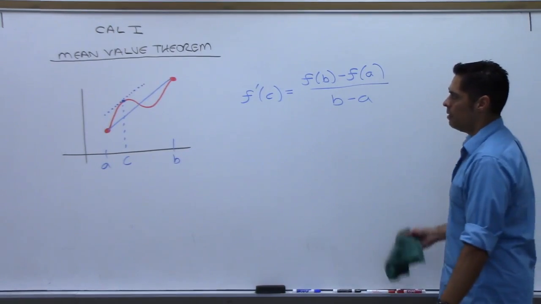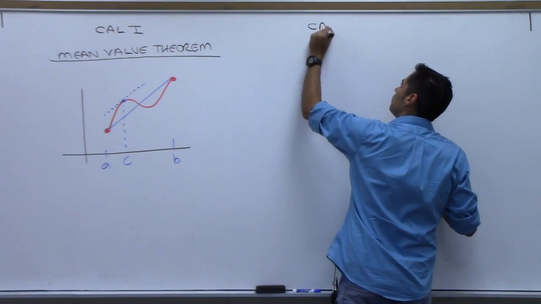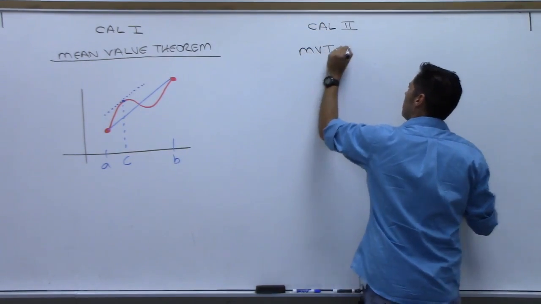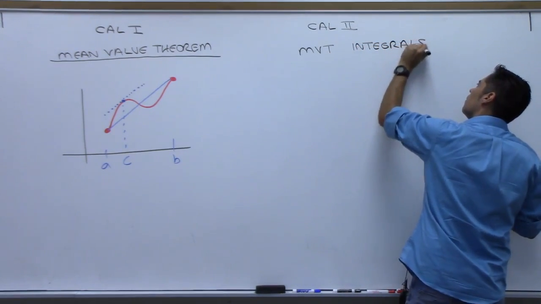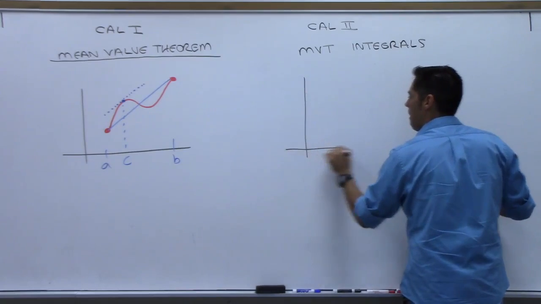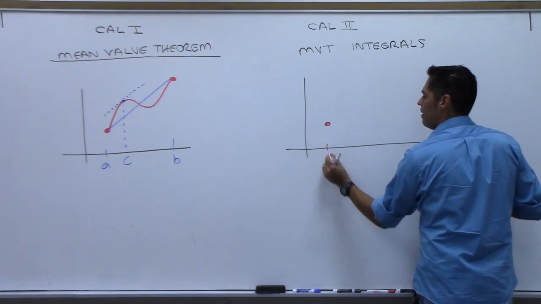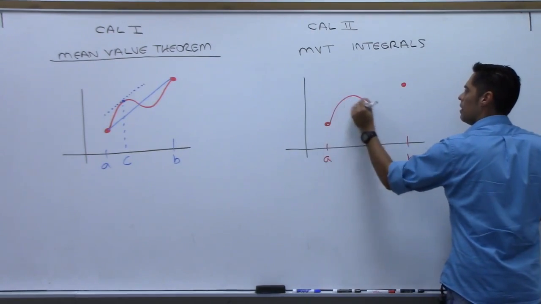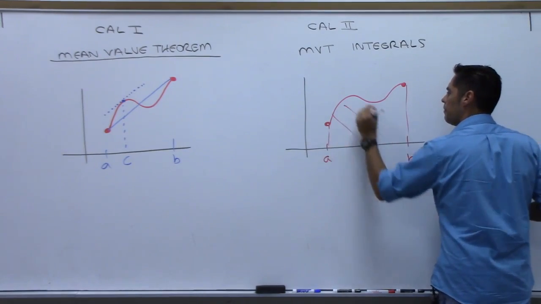Here's how it works with the mean value theorem for integrals. I'm just going to put, for Cal 2, the mean value theorem for integrals. And I'll do it with a picture. If I start here at A, end here at B, then we can now find this area, can't we?